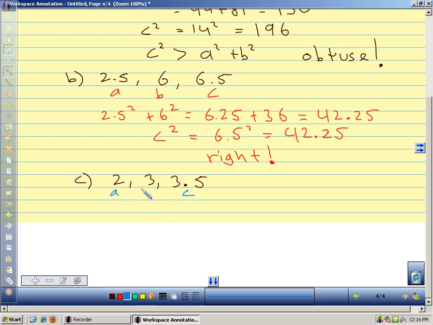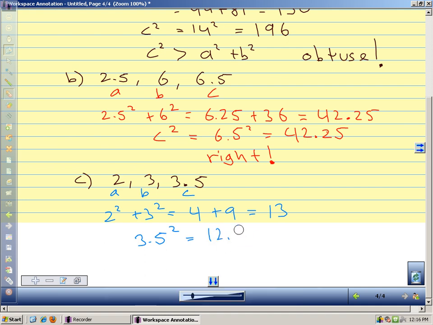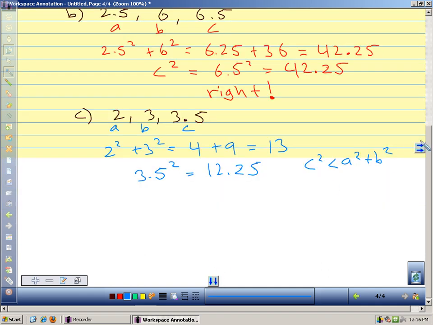I'll call these other two A and B. So 2 squared plus 3 squared is 4 plus 9, which is 13. 3.5 squared is 12.25. So c squared is less than a squared plus b squared. So what kind of triangle do I have here? Acute.